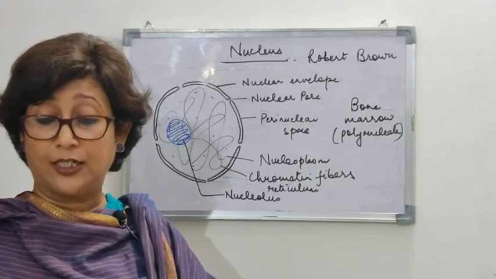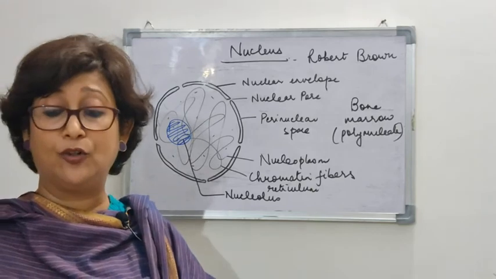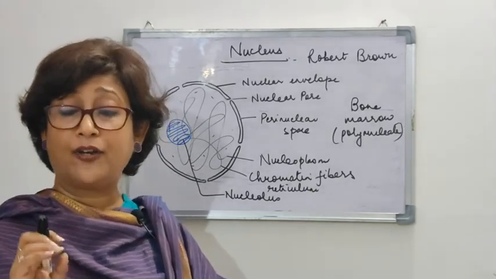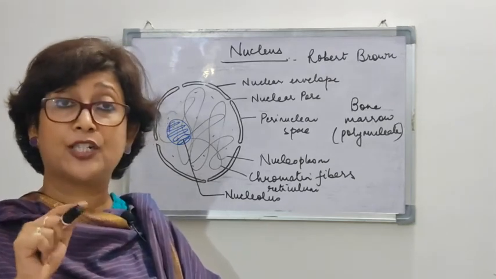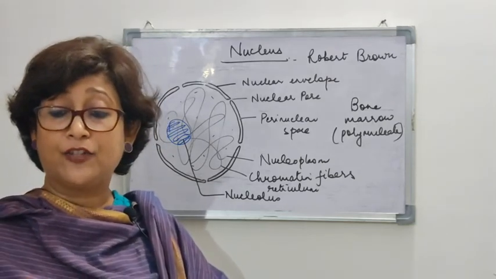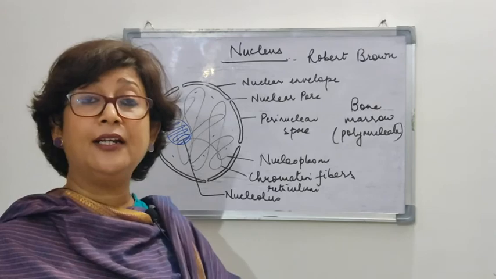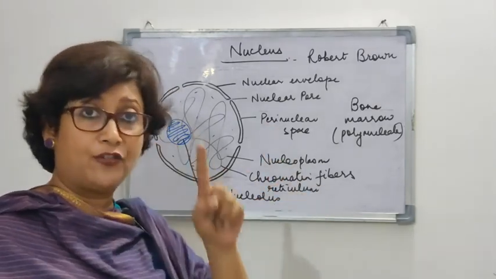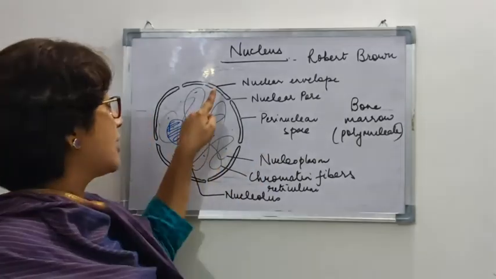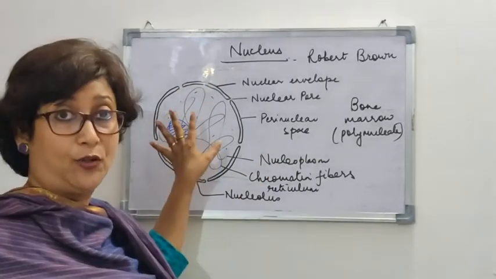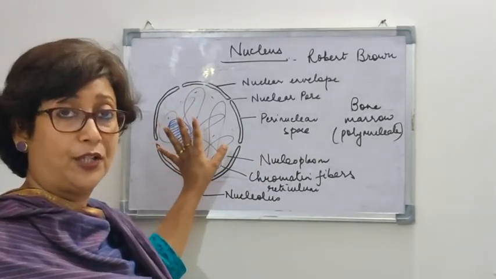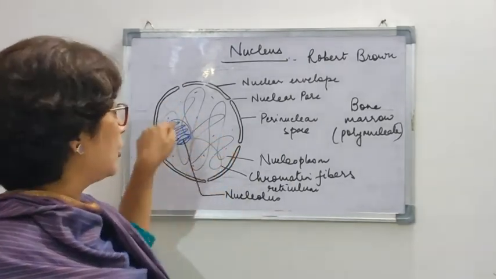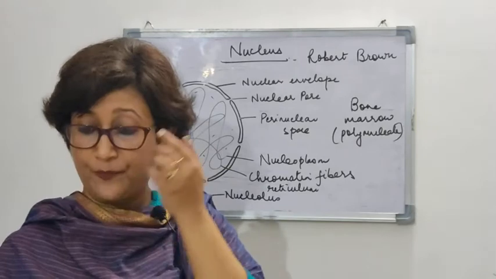If we talk about the length of the DNA, a single human cell has approximately a 2-meter long thread of DNA, which is distributed in its 46 chromosomes or 23 pairs of chromosomes. 23 pairs of chromosomes are found in a single diploid cell in the nucleus, right? So that 2-meter long DNA is found in all the 46 chromosomes, right?